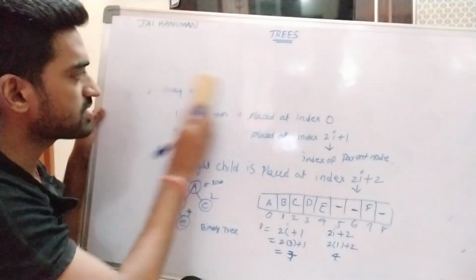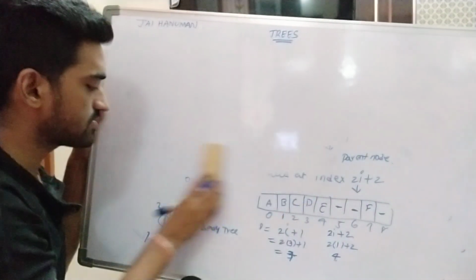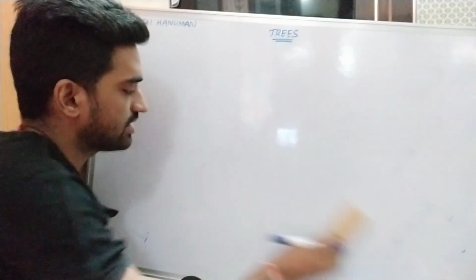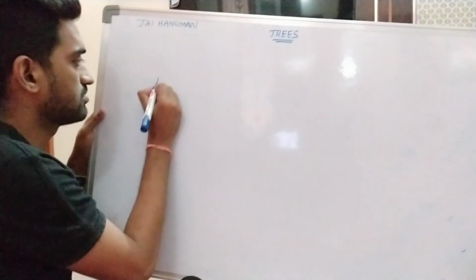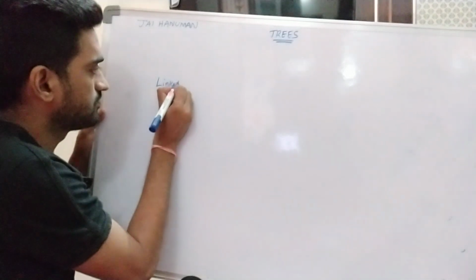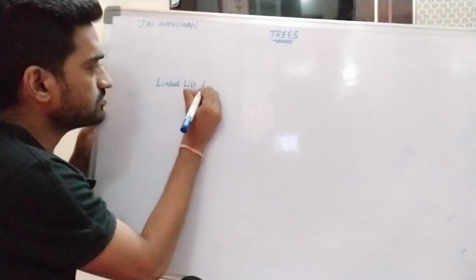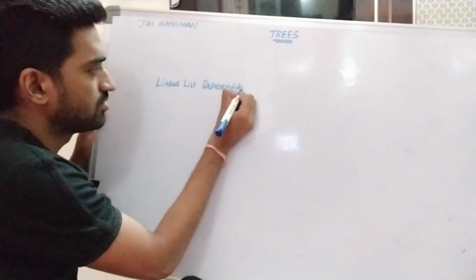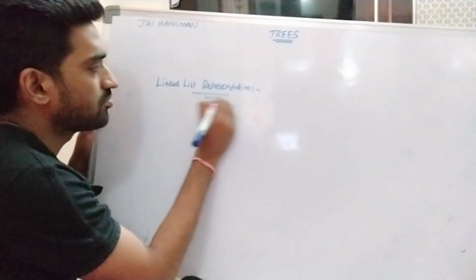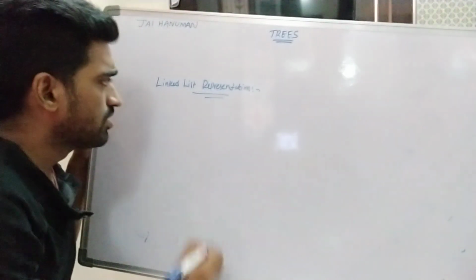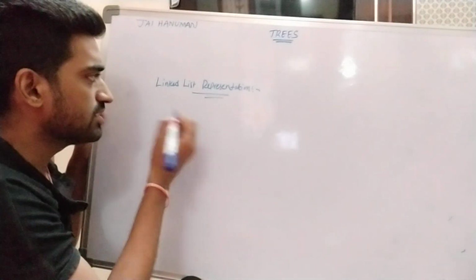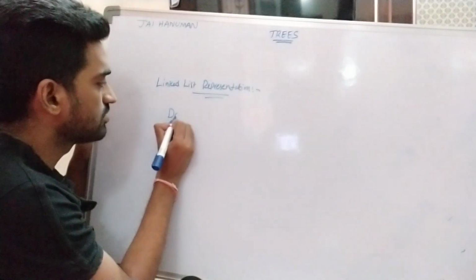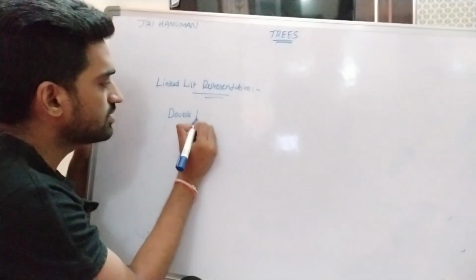What is the second representation for binary trees? Linked list representation. To represent binary trees with a linked list, we use a double linked list structure.